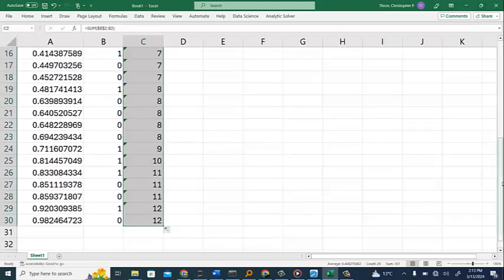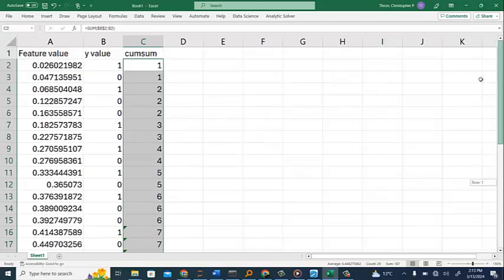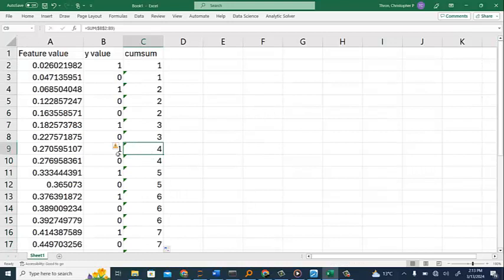Okay, so this number here, for instance, this 4 says that there are 1, 2, 3, 4 Y values whose feature value is less than or equal to this value. All right? So this cum sum is increasing. It's counting the number of ones less than or equal to this value.